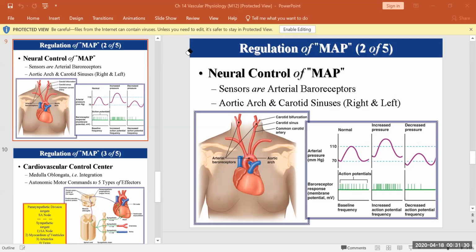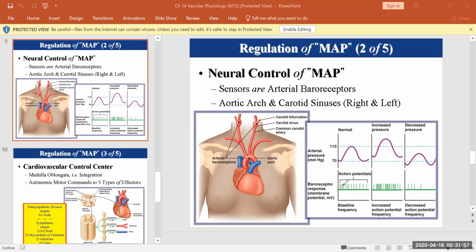Now, under normal conditions, when the walls of the blood vessels are not being overpressured, in other words not being distended, and the blood pressure hasn't dropped, it's normal. So action potentials are sent to the medulla oblongata, the cardiac center in the brainstem controlling this.